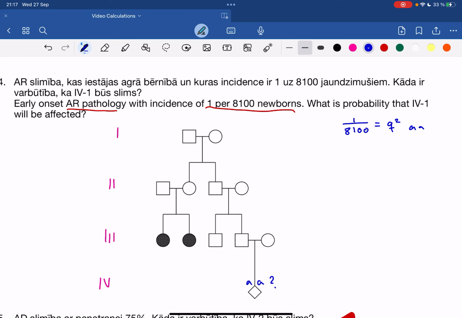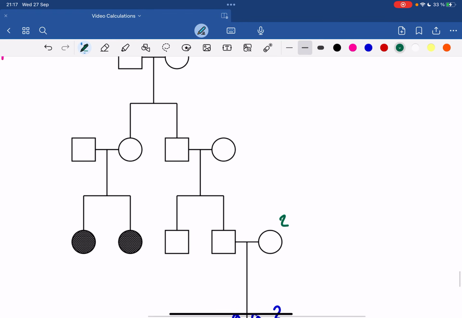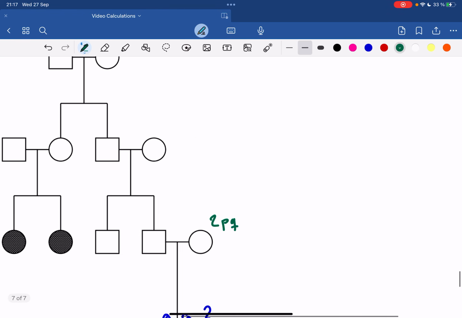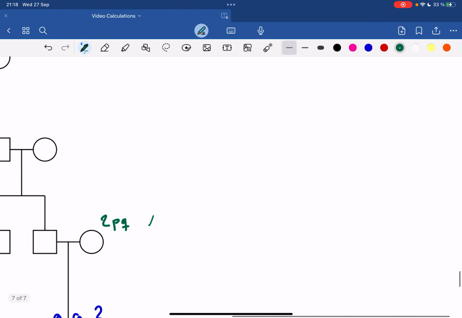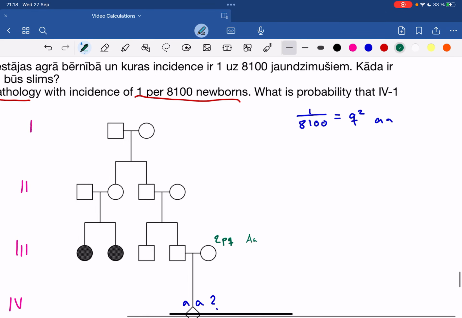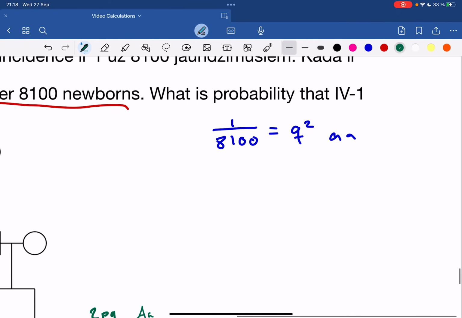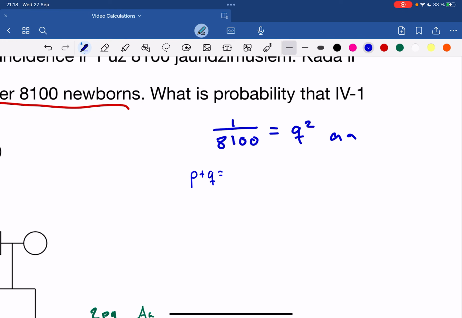Therefore, we can calculate 2pq in this case, because that's the probability for this person to be heterozygous. So let's calculate it right here. We know that p plus q equals 1, and we want to know what 2pq is, right?